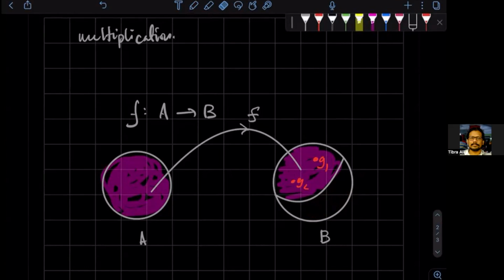What we need to show is that the image of F is itself a group under the same multiplication.